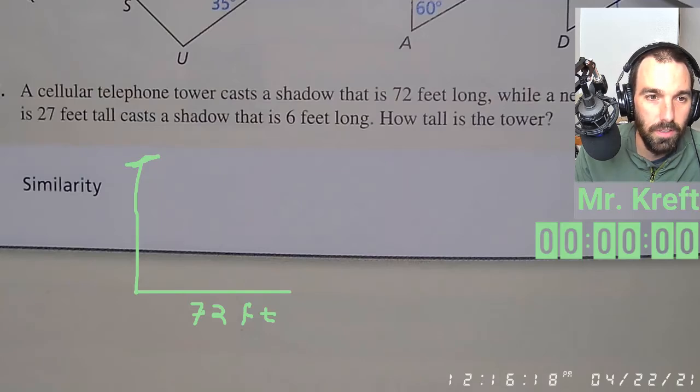Let's see this. I'm going to have a nearby tree. Okay, so there's my tree, and it's 27 feet tall, and it casts a shadow 6 feet long.